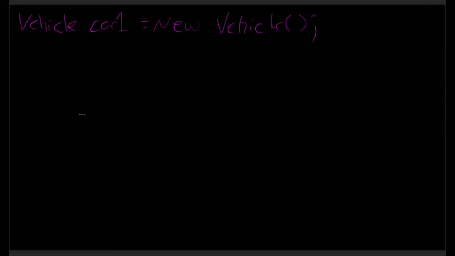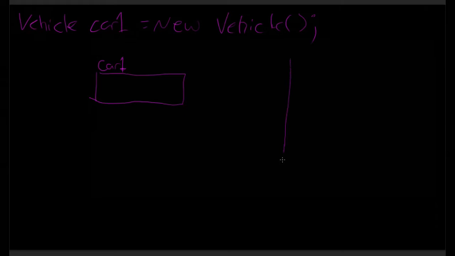When we do this, it's creating a variable, a spot in memory, and it's called car 1. Here's our little slot in memory, called car 1. Because this is an object, it's more complex than an integer, where the variable is actually a value and that's the end of the story.